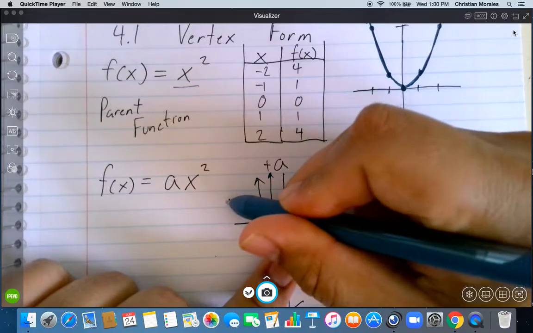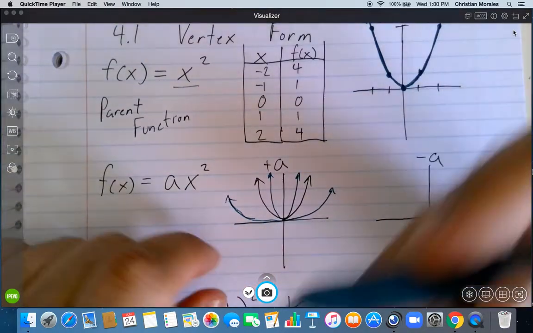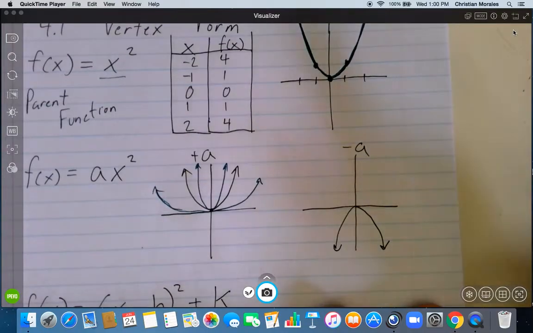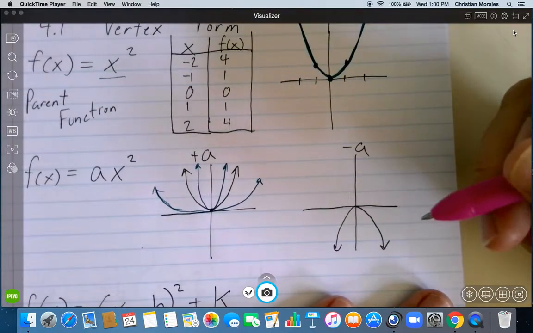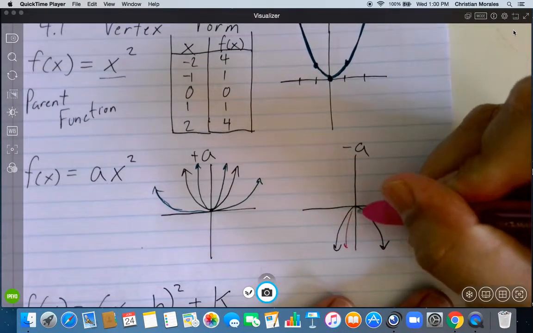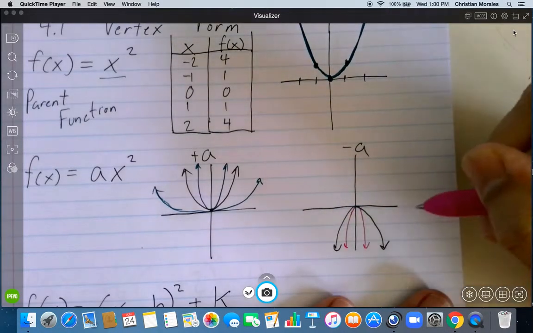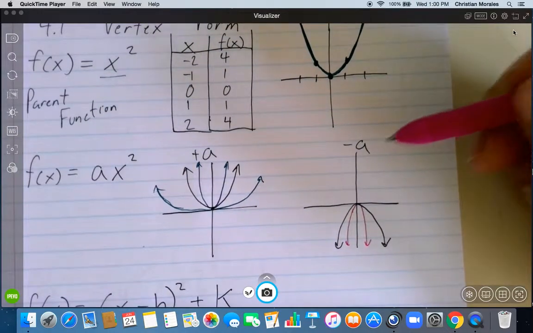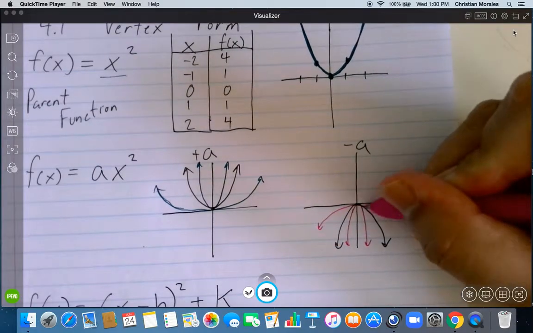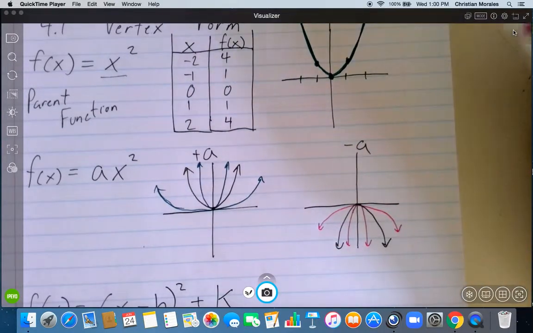You would get a wider shape. Okay? And the same thing happens when it's negative. When it's negative, if you multiply it by -3, -10, -20, -100, it would get compressed. It gets closer to the y-axis. But if you multiply it by a negative fraction or a negative decimal, it gets wider. So that's one way to alter the shape of it.